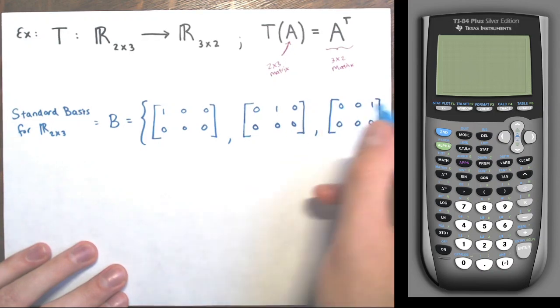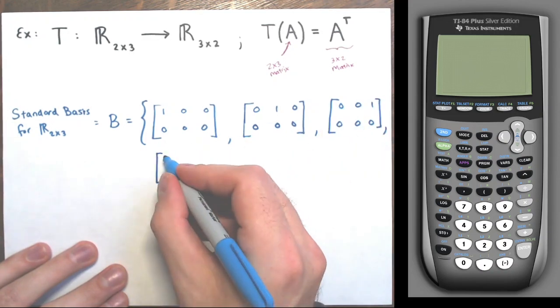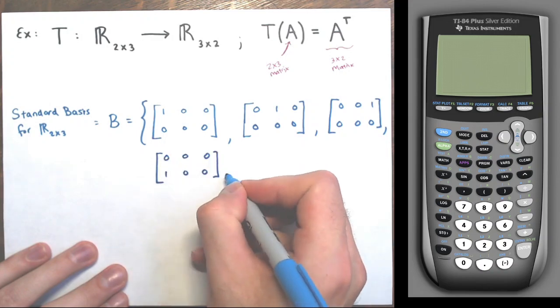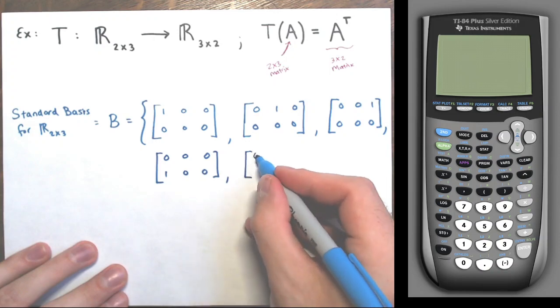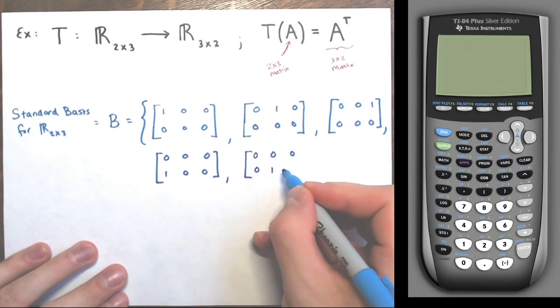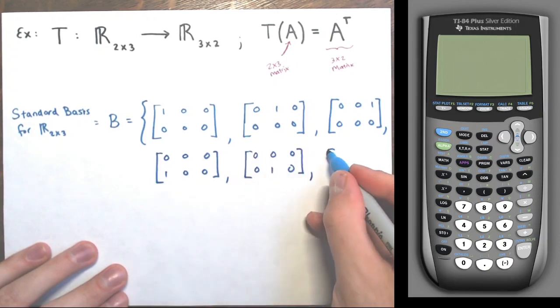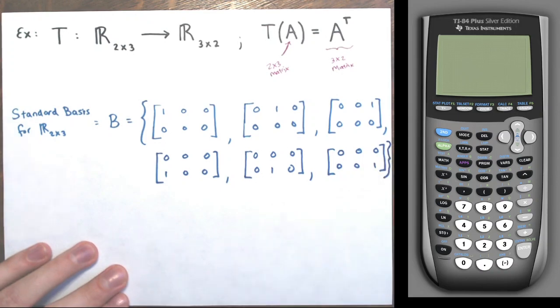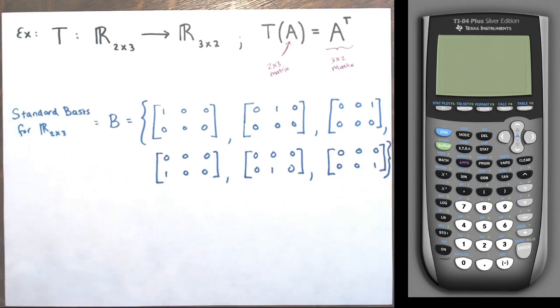I'm just moving the 1 around to all the positions. 0, 0, 0, 1, 0, 0, 0, 0, 0, 0, 1, 0, and finally 0, 0, 0, 0, 0, 1. This was the standard basis for the set of 2 by 3 matrices.